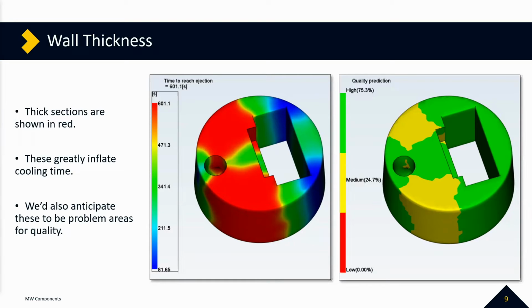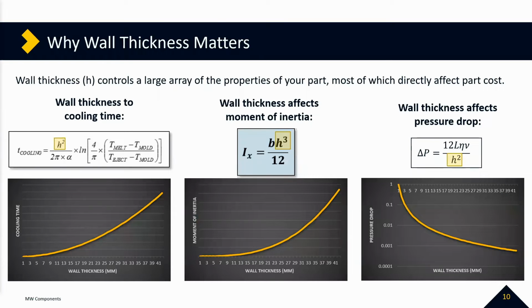And so why does wall thickness matter? Basically, it controls a large array of the properties of your part. In terms of cooling time, that long equation right there, if you do it in scientific units, in metric, everything except the highlighted h squared will more or less reduce to 1.